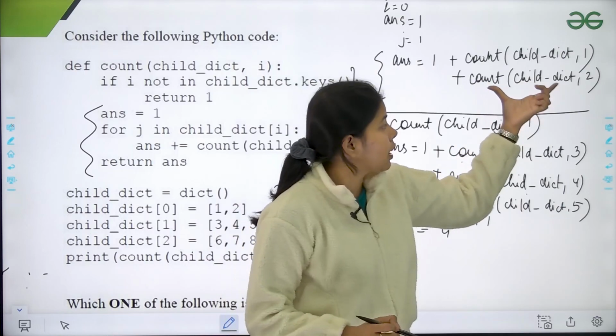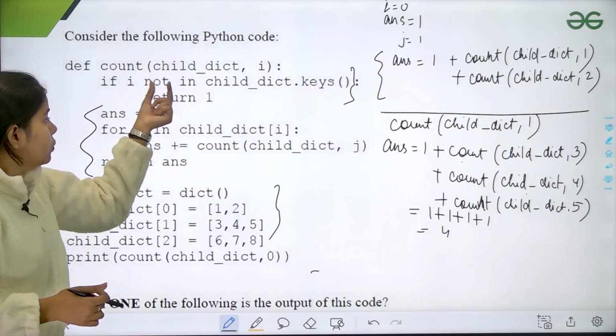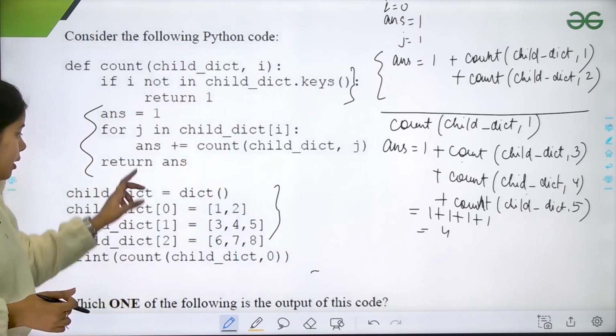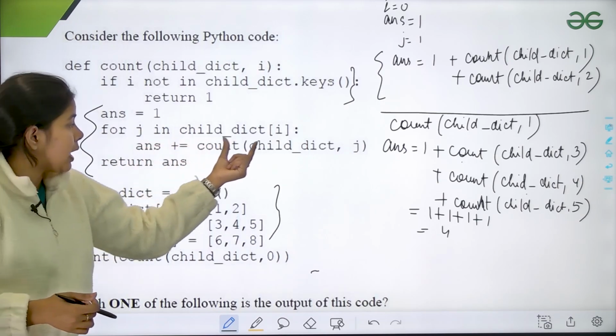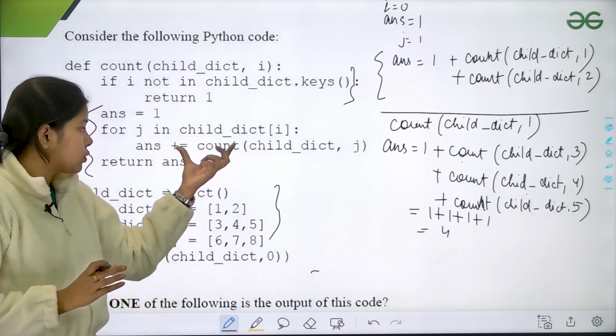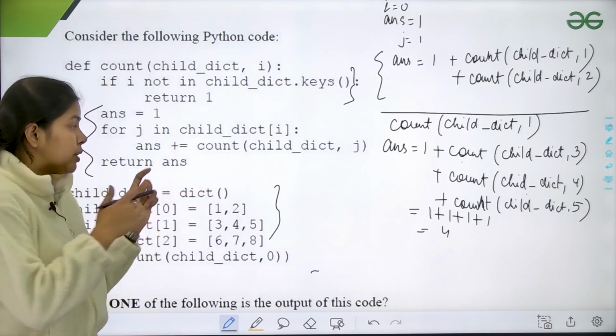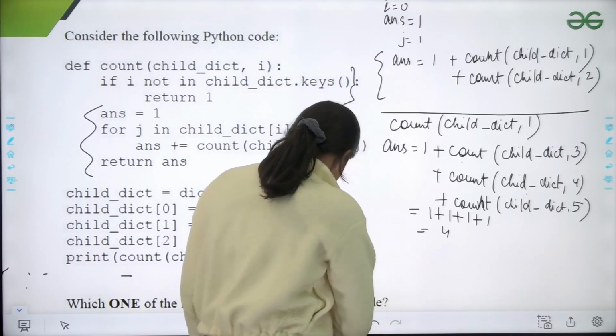Similarly if I run count child dict comma 2, if 2 not in child dict dot keys but 2 is in child dict keys, so that means it would run. For j in child dict, that is 2, that would give me 6 7 8, so it would run for 6 7 8 similarly as before.